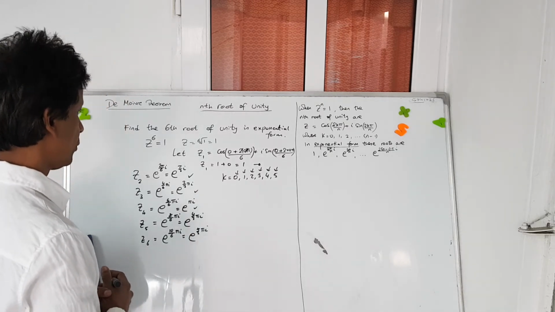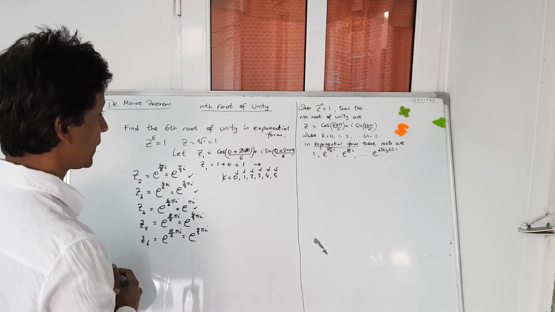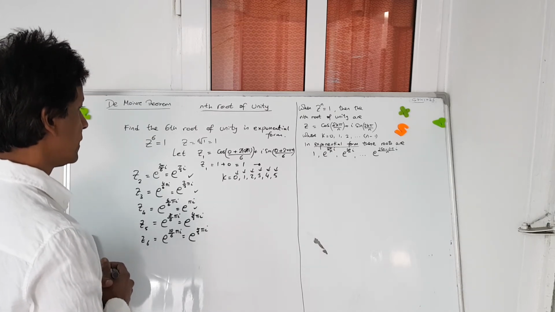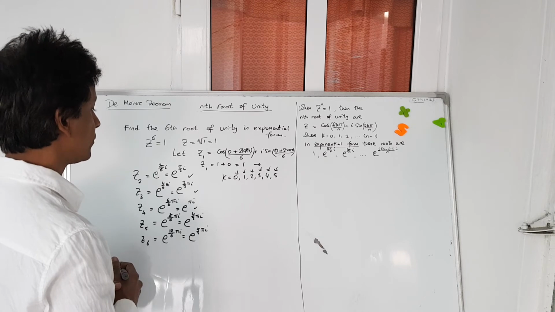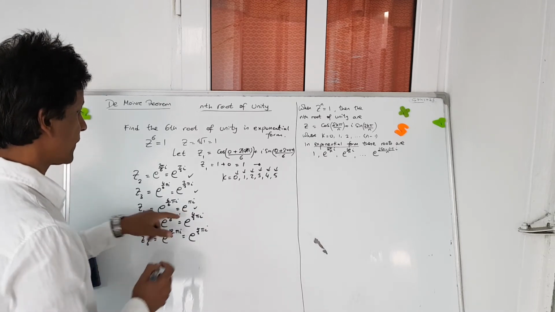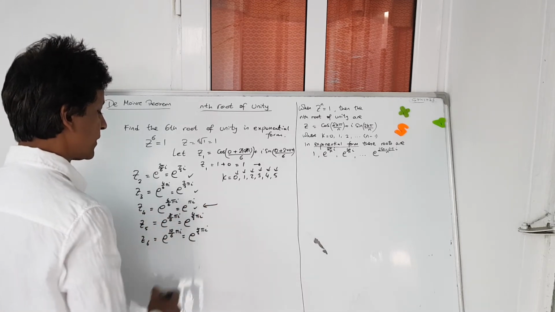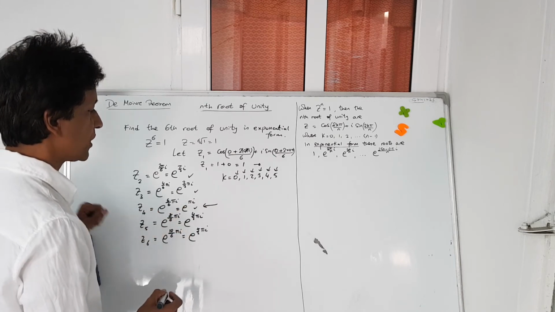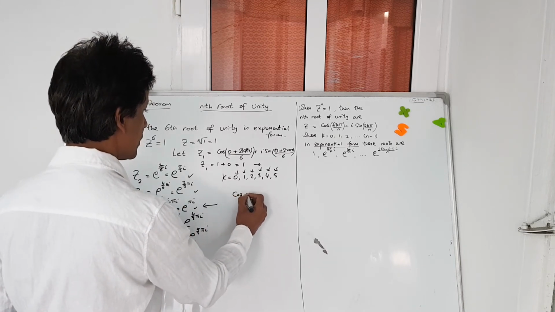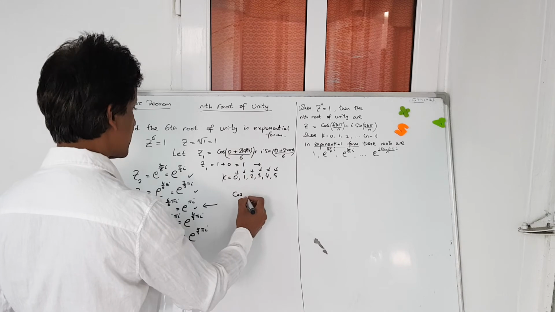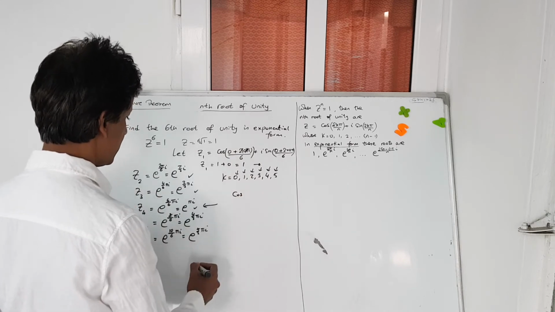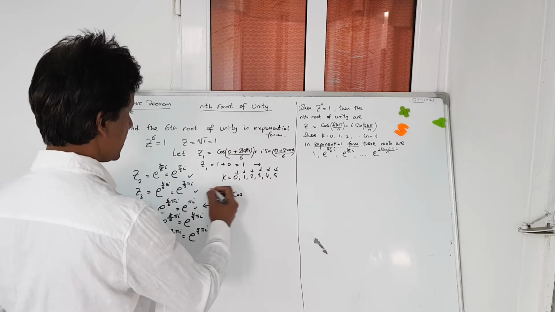Well, I guess that's about it. Now what about this one here? I'm particularly interested in it. We can leave it as such; the angle is pi. So if I look at cos of 0 plus pi, that should be minus 1, isn't it?